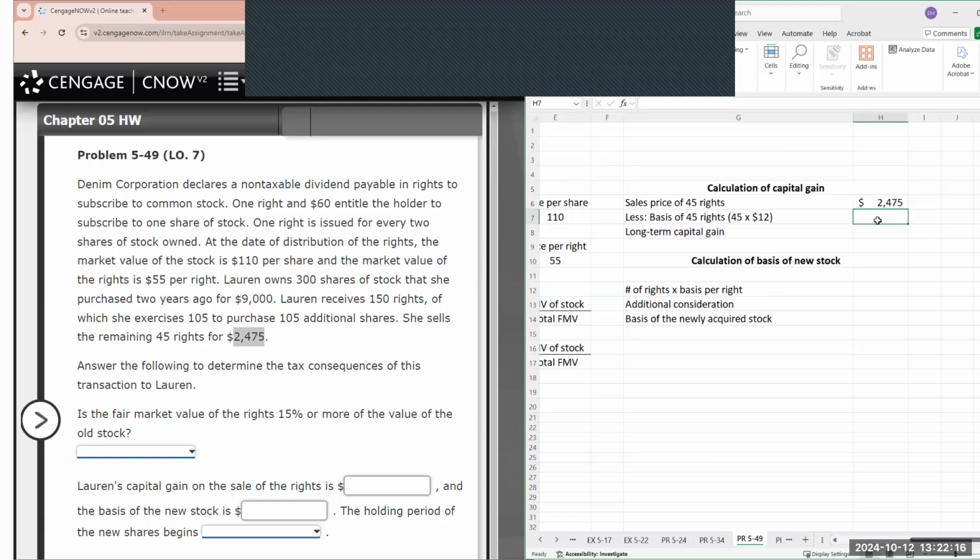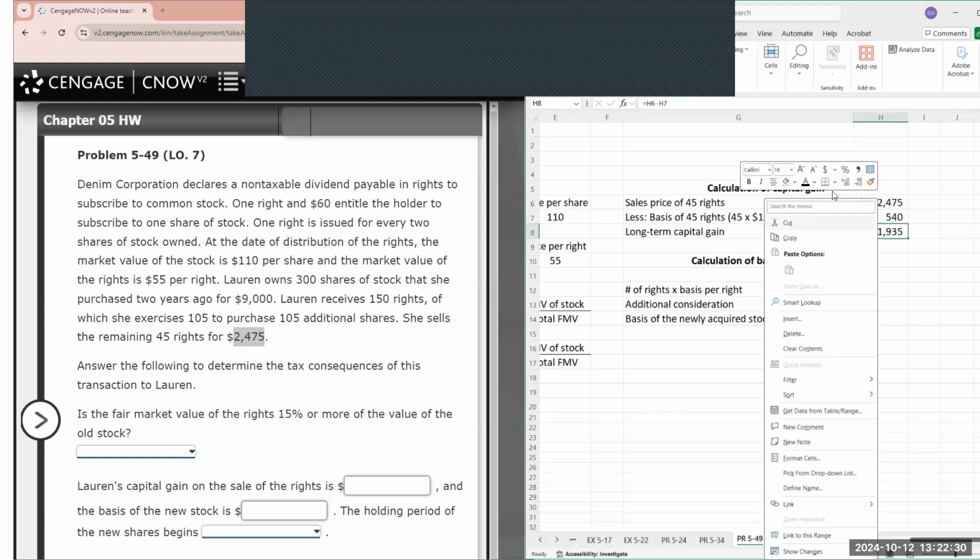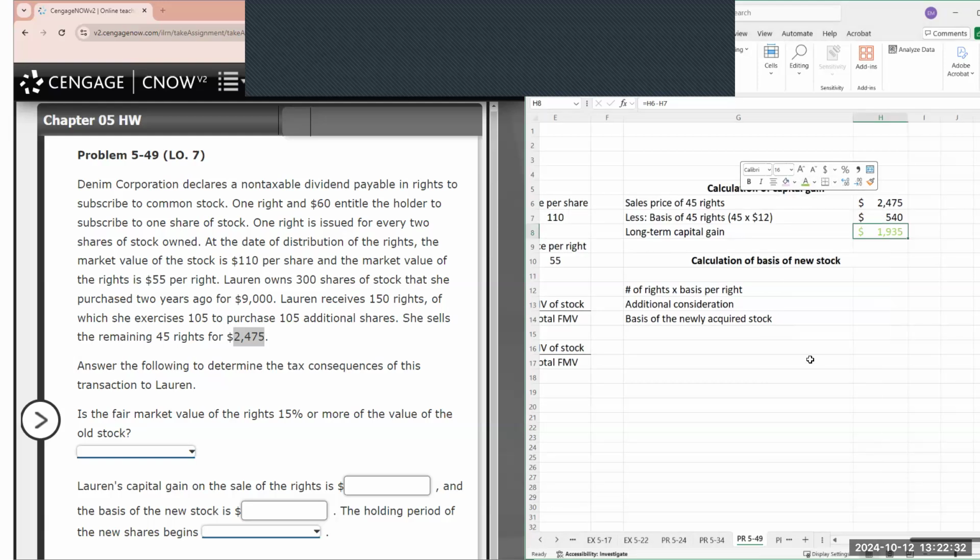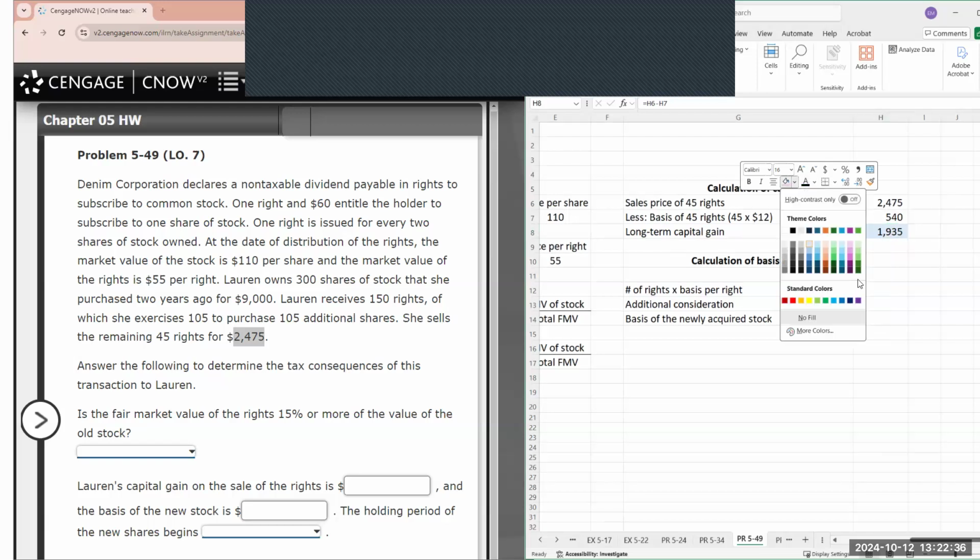She sells 45 of those shares. So 45 times 12 gives us $540. So therefore, our long-term capital gain is $2,475 minus 540. So therefore, our long-term capital gain is $1,935.